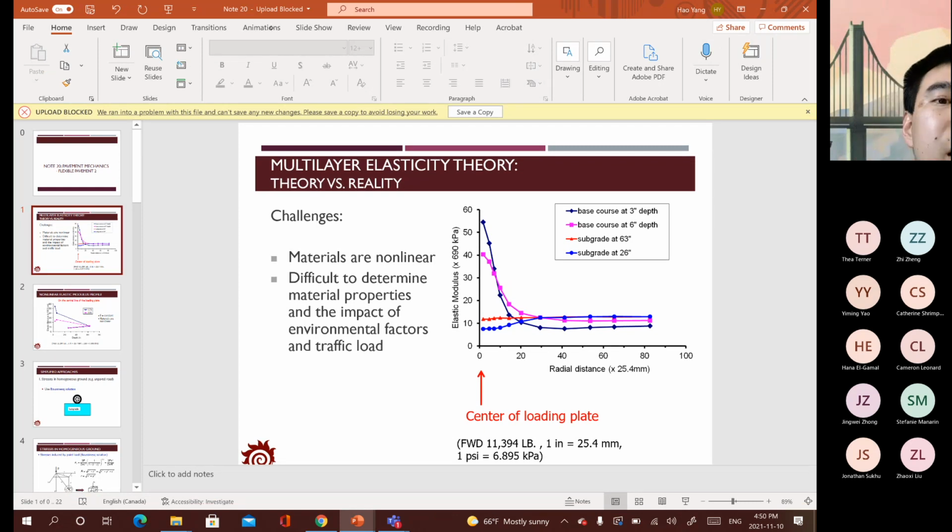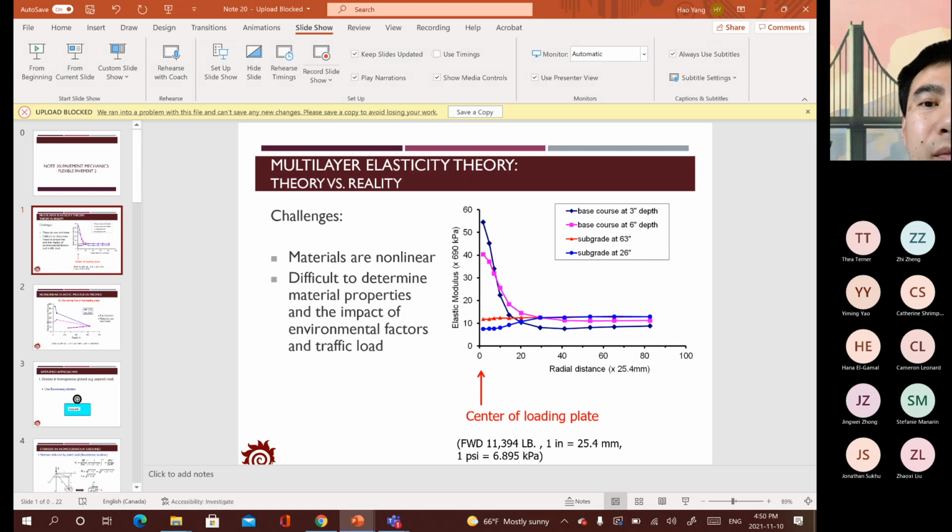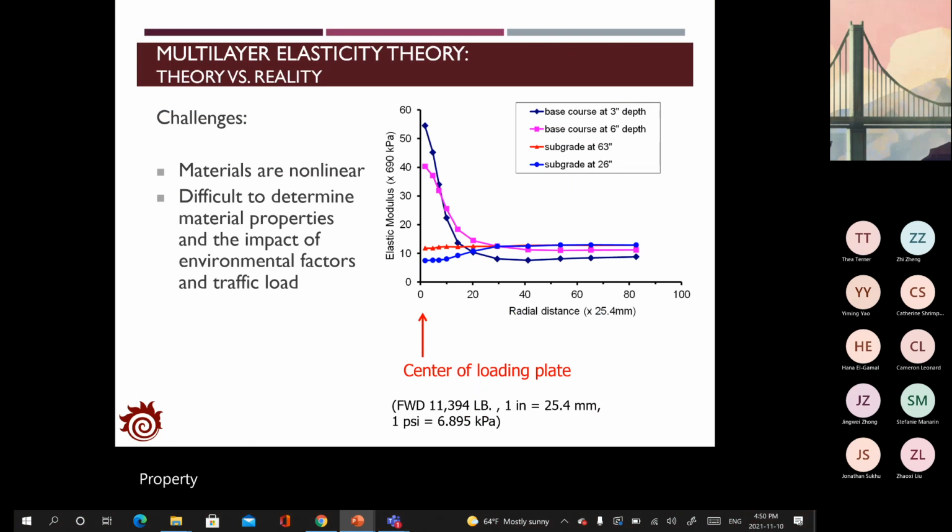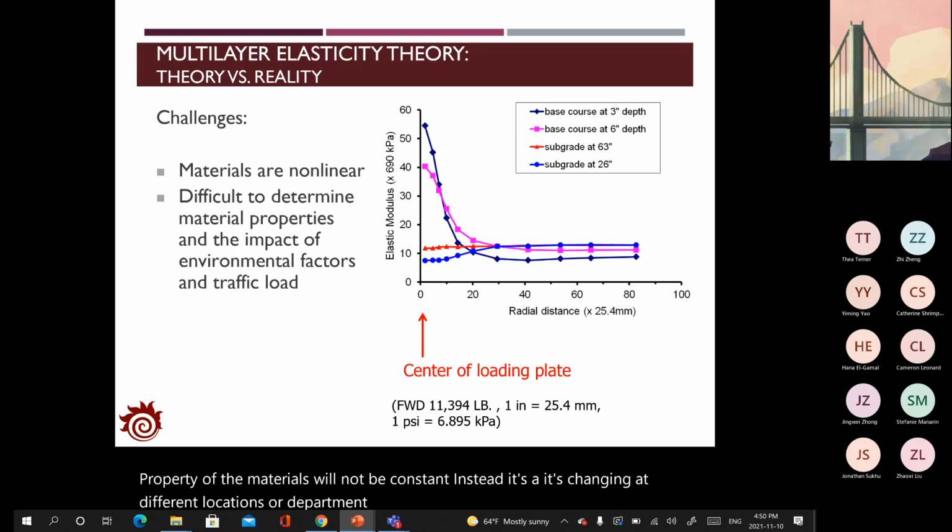And actually in the analysis of the stress and strain of the pavement, the challenges like the materials, in most situations, the property of the materials will not be constant. Instead, it's changing at different locations of the pavement and also at different depths.